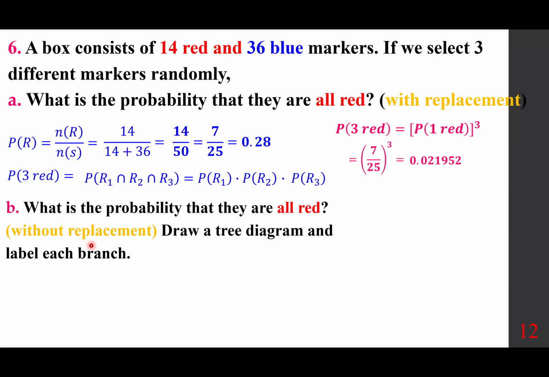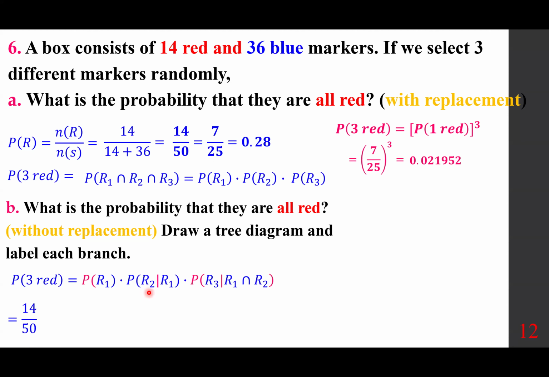So we're going to write probability of 3 red is probability of R1 times probability of R2 given R1 times probability of R3 given R1 intersection R2. So we're going to stick with the very first one is obviously the same answer. 14 over 50. By that, of course, we know it simplifies to 7 over 25, but I want to go with the same so you see what happens.